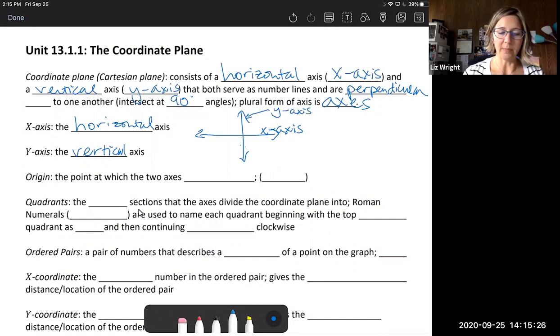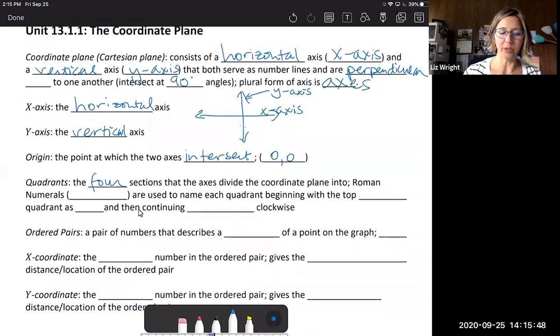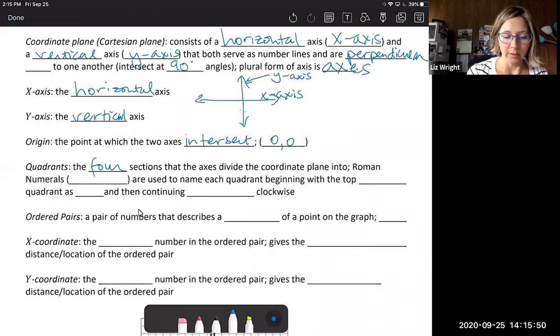The origin is the point at which the 2 axes intersect, which is going to be 0, 0. The quadrants are the 4 sections that the axes divide the coordinate plane into. You use Roman numerals for them, not regular numerals.